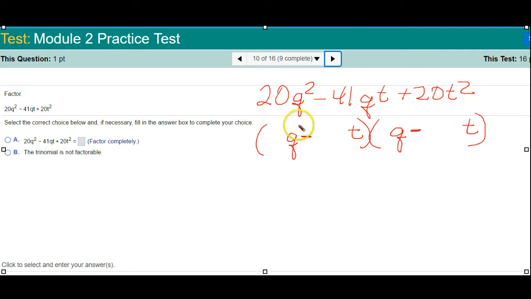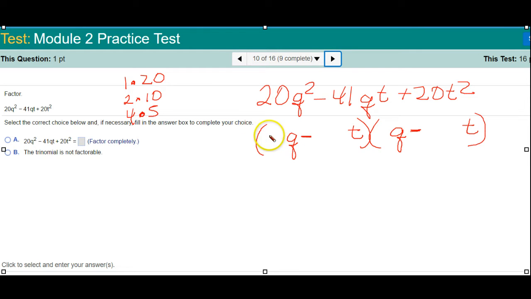So now you're looking for possible factors. So as you think of 20, 1 and 20, 2 and 10, 4 and a 5, and you could reverse them also, but I believe those are the ones.